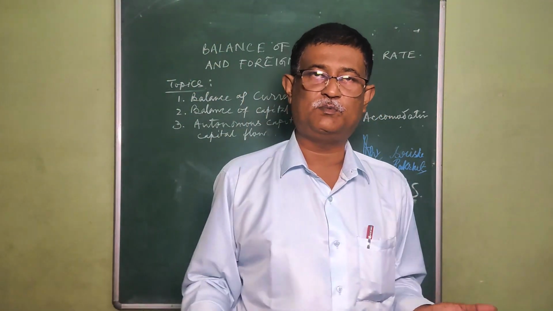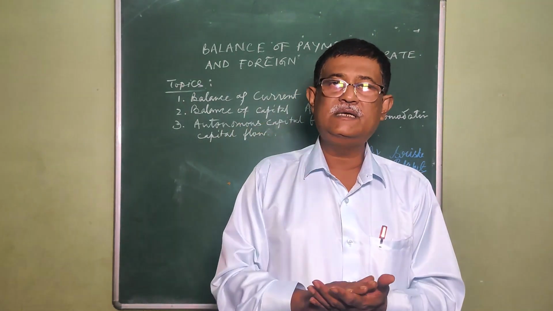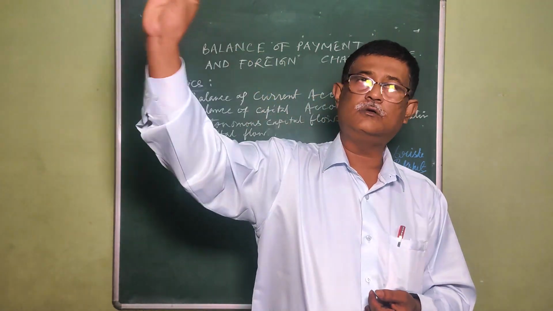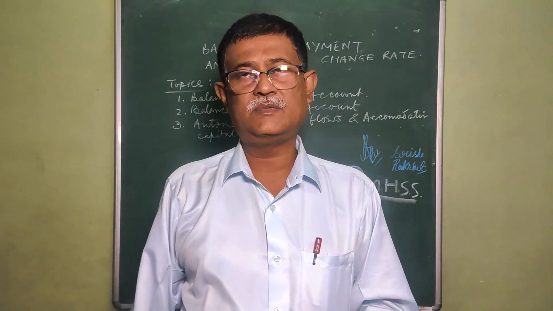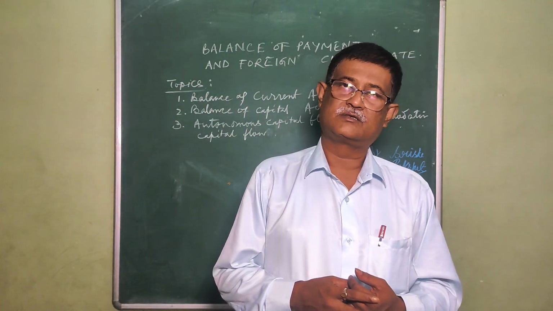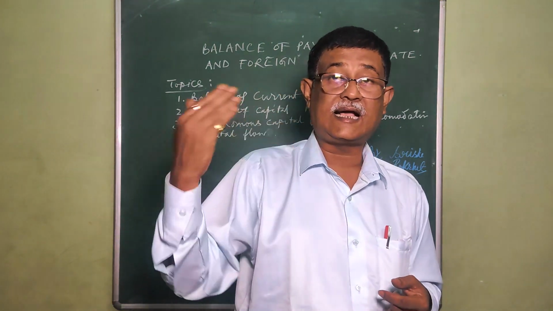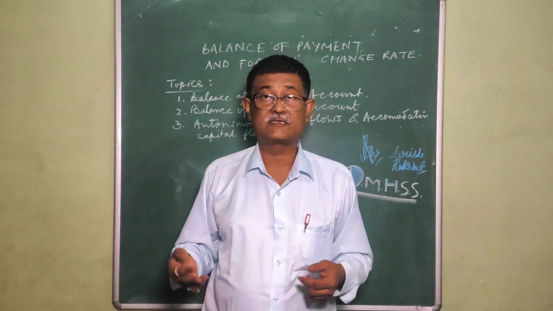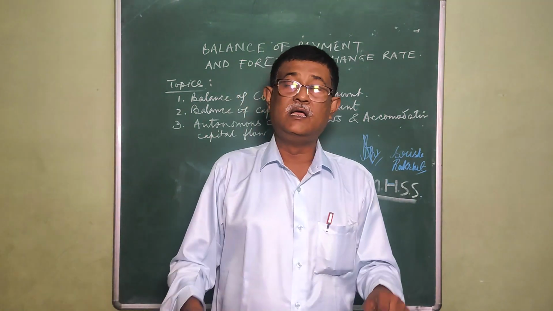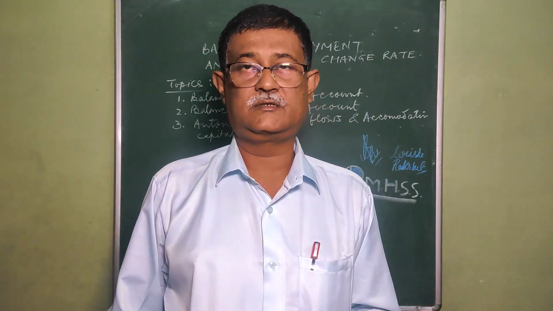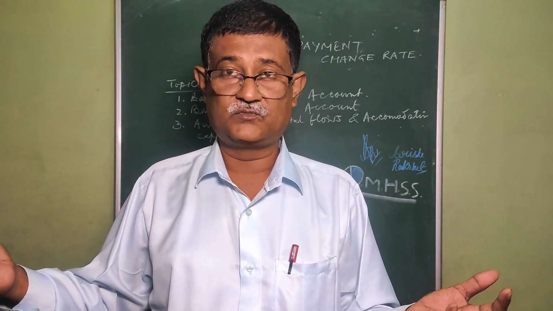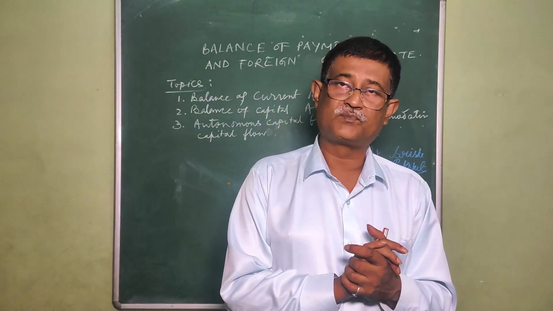That means the rich people now will not be in a position to import luxury items from abroad. Next, the taxation on luxury items can be increased by the government to reduce our imports. This is another measure which can be taken by the government.